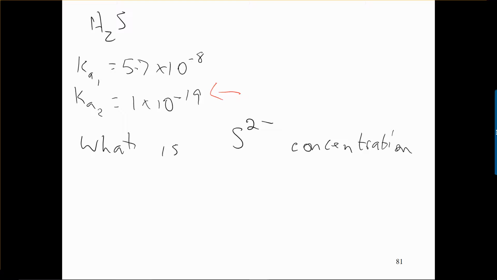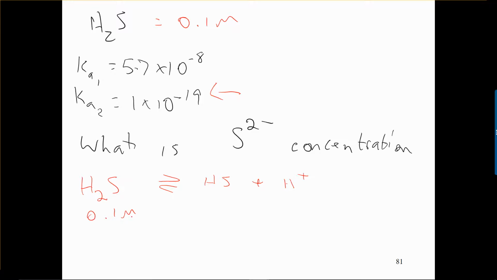H2S is 0.1 molar. This dissociates into HS minus and H plus.